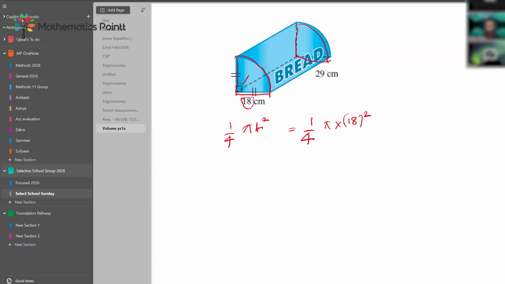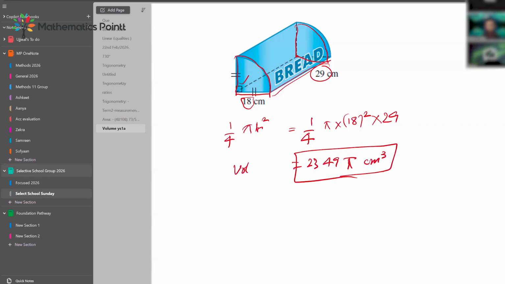And then times the height. That becomes my height. So when you solve it, whatever you got here, 2349 pi centimeter cube is your volume. Simple, easy peasy, right?